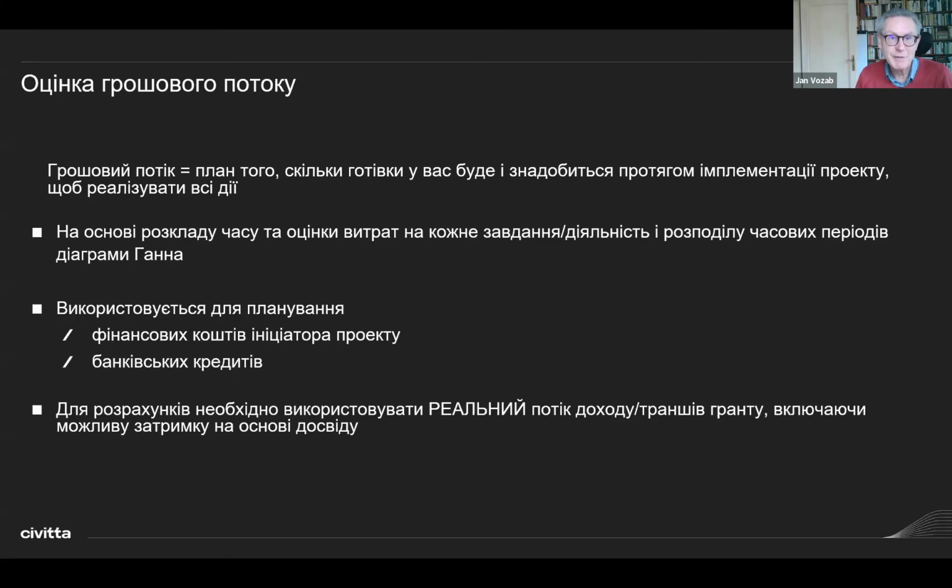That's the basic idea. But in my experience, and I don't know what's the situation in Ukraine, and please, Dmitro, comment on this if you can, but in my experience, the installments, whatever are the promises of the donors, may be delayed. Sometimes may be delayed quite a lot, but you mustn't stop implementing your project just because the installment from the donor was delayed.